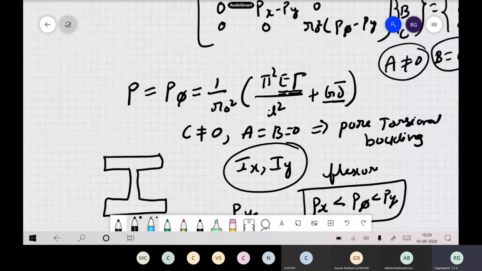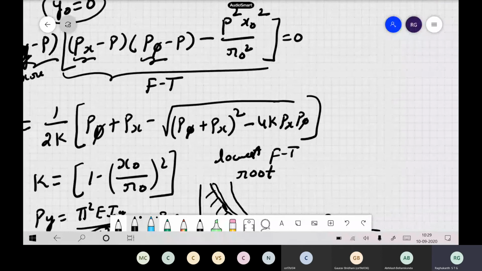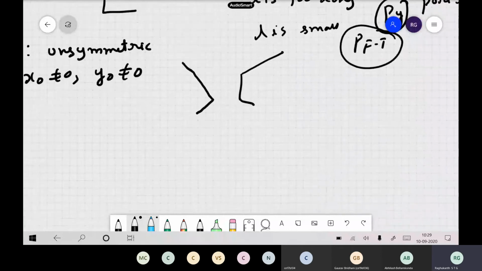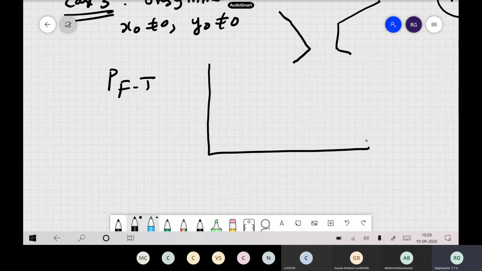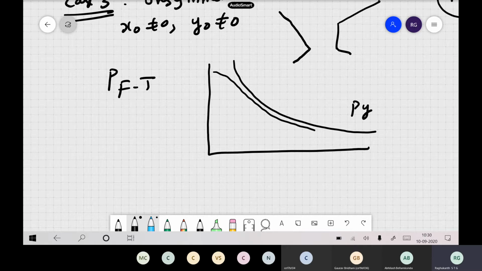Now you can try to plot it for unequal angles, which are there in your steel tables. Generally, for these types of sections, the mode will be flexure torsion only, irrespective of the length of the column. As the length of the column increases, your Py will be something like this, but your flexural torsional mode will obviously be like this.